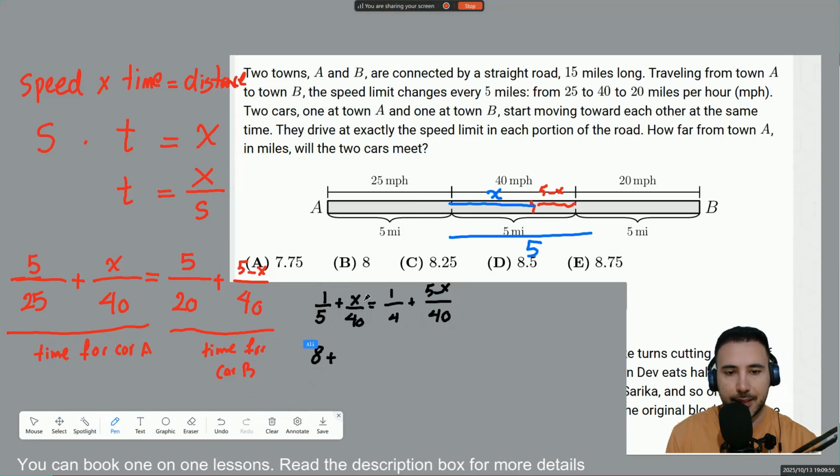Plus. This one, again, I'm going to multiply by 40. It's going to be 40 times x divided by 40. Of course, these two will cancel. So this will just become x. Now, this one multiplied by 40 again. So 40 times 1 over 4, they cancel, just a 10.